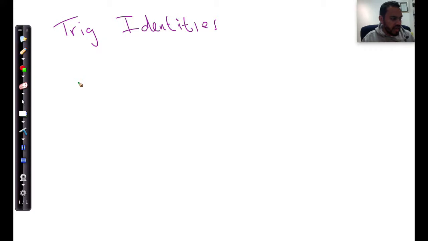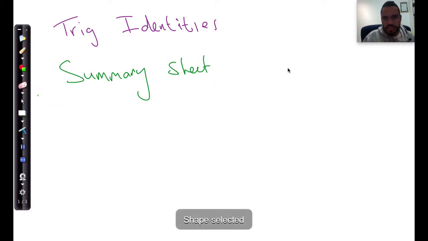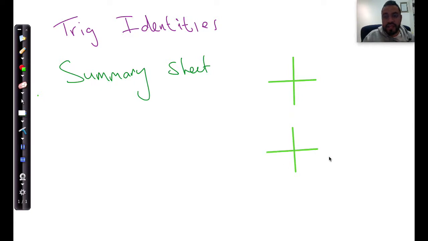And then I'm going to start off firstly with the grade 11 identities that you should be familiar with. So from your summary sheet, you should already have the following: familiarity with the ASTC diagram, familiarity with the reduction formulae, as well as the three nevers that I go over with you, and when to use each of these.